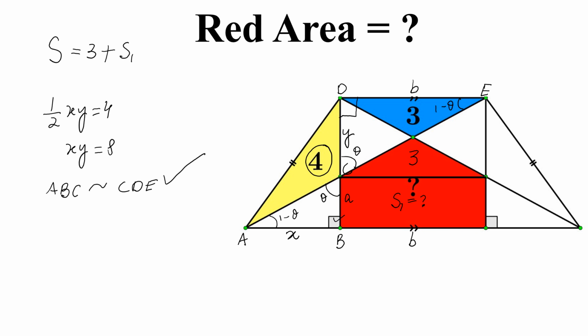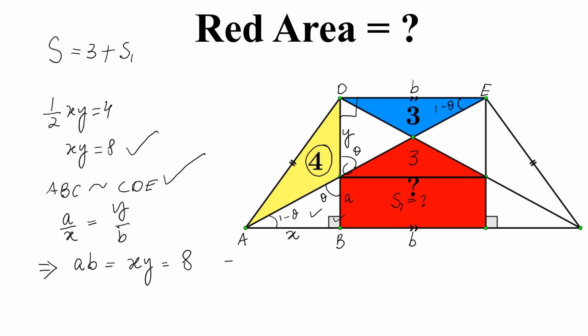If they are similar, then from this triangle we can write A divided by X equal to Y divided by B, and we can simplify this. We can write AB is equal to XY, and XY is 8.